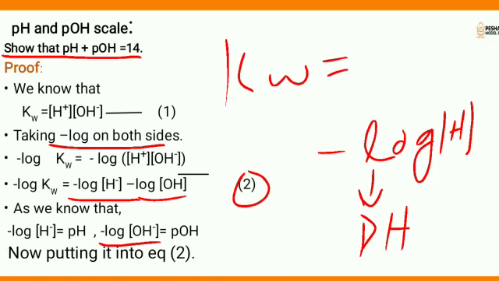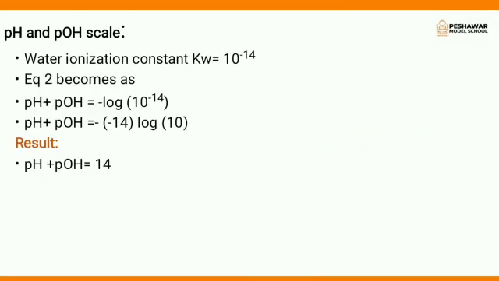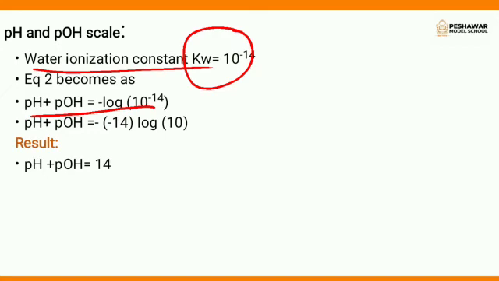Now putting these values of pH and pOH in equation 2, you will get pH plus pOH is equal to minus log 10 power minus 14. Why does 10 power minus 14 come from? Kw is equal to 10 power minus 14, and we discussed that Kw is the water ionization constant.